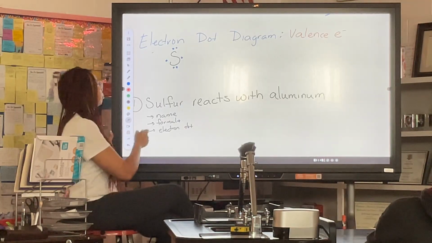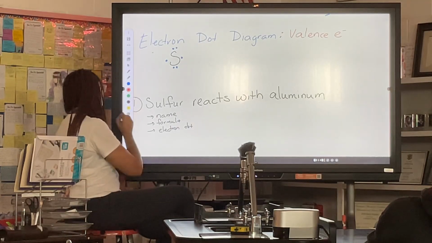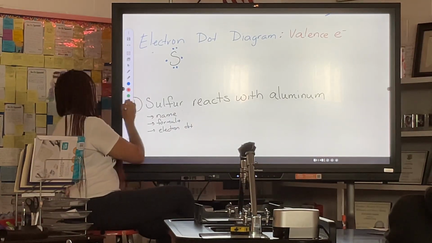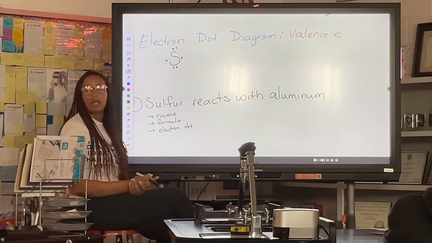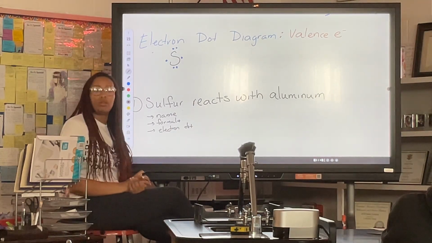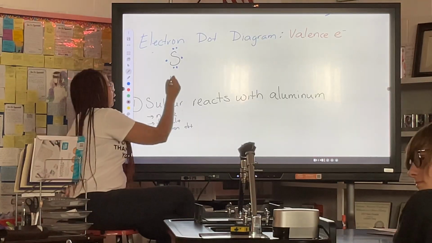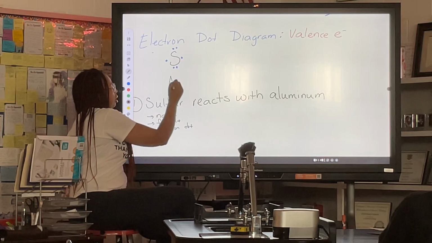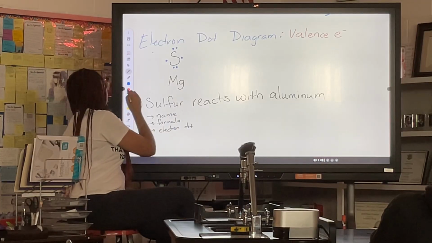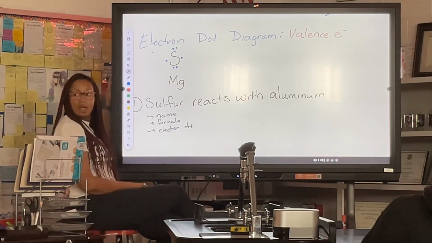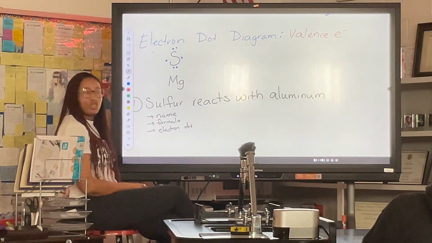Now, is sulfur a metal or a non-metal? It's a non-metal. So now give me a main group element that is a metal and tell me the valence electrons. Magnesium, okay? What's the symbol? Mg. And how many valence electrons does magnesium have? 2.